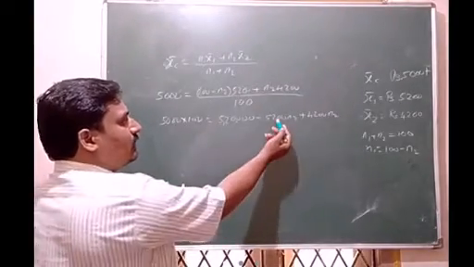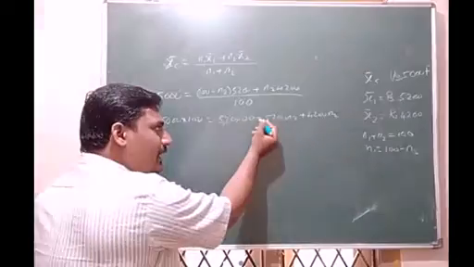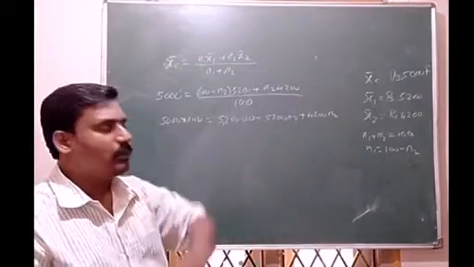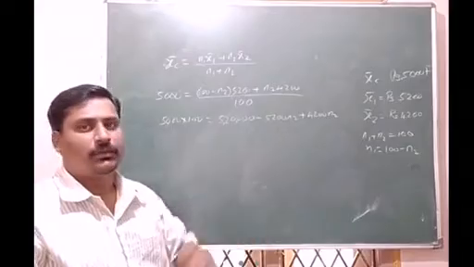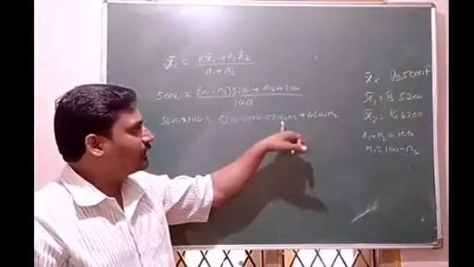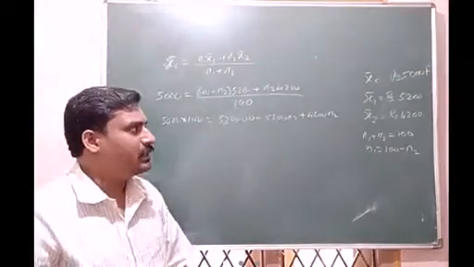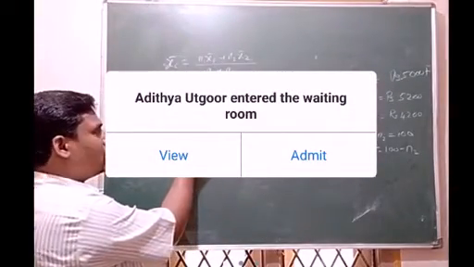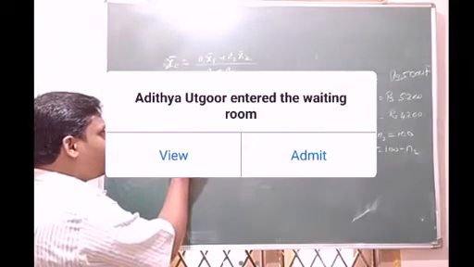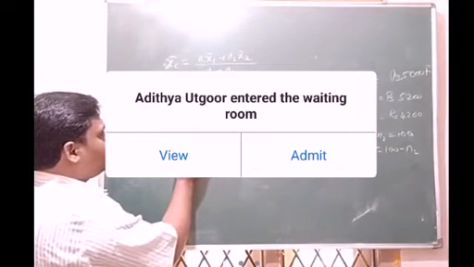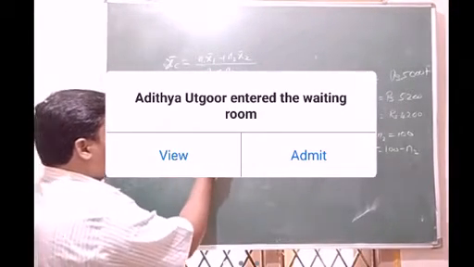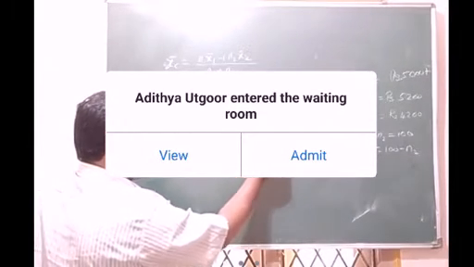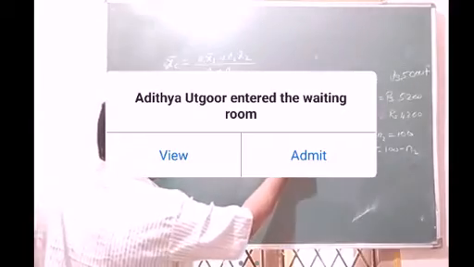There is a negative sign on 5,200 and a positive sign on 4,200, so we deduct: minus 5,200 plus 4,200 gives minus 1,000 n2. And 5,000 into 100 is 5 lakh. So 5 lakh is equal to 5 lakh 20,000 minus 1,000 n2.